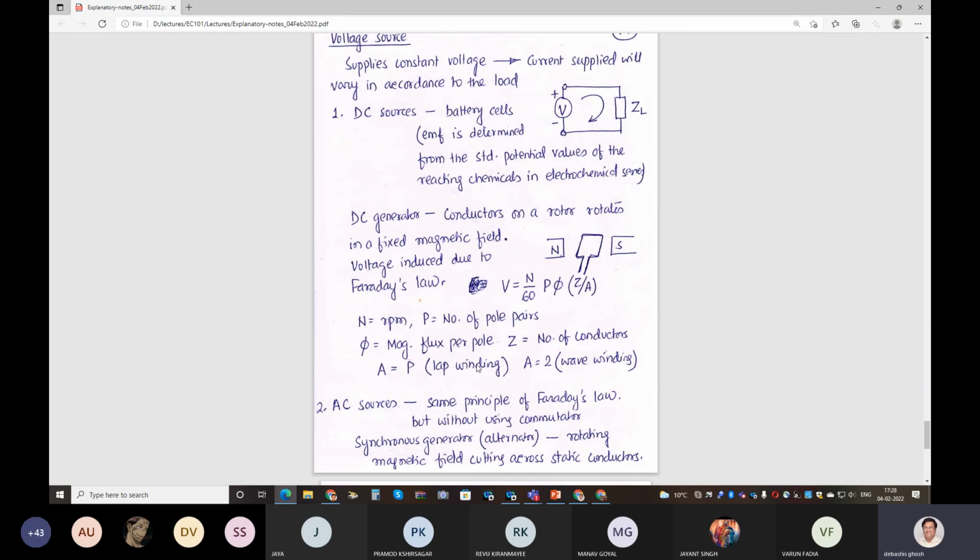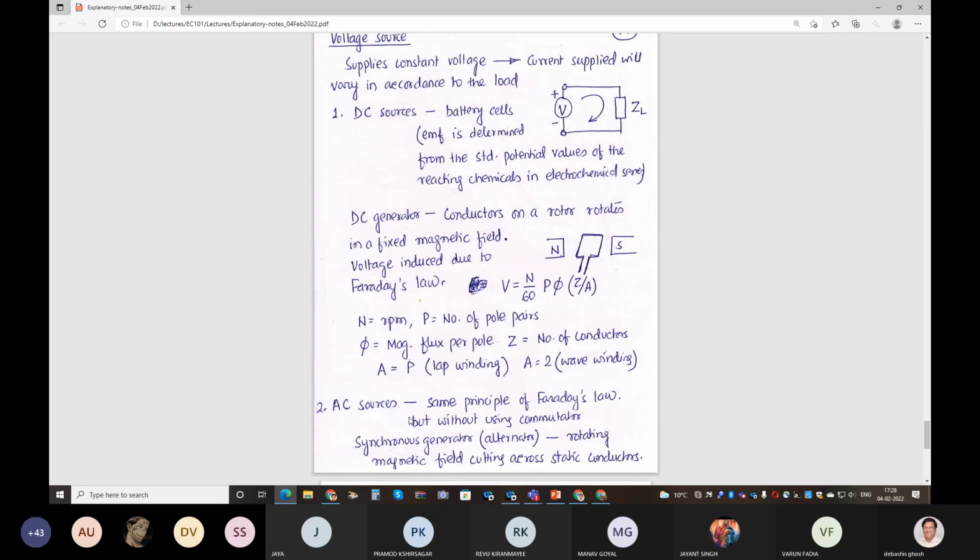There are two types of winding: lap winding, and A is equal to 2 in case of wave winding. So these are the two types of DC sources: battery cells, which are based on chemical reaction, and the DC generator, which is based on Faraday's law.